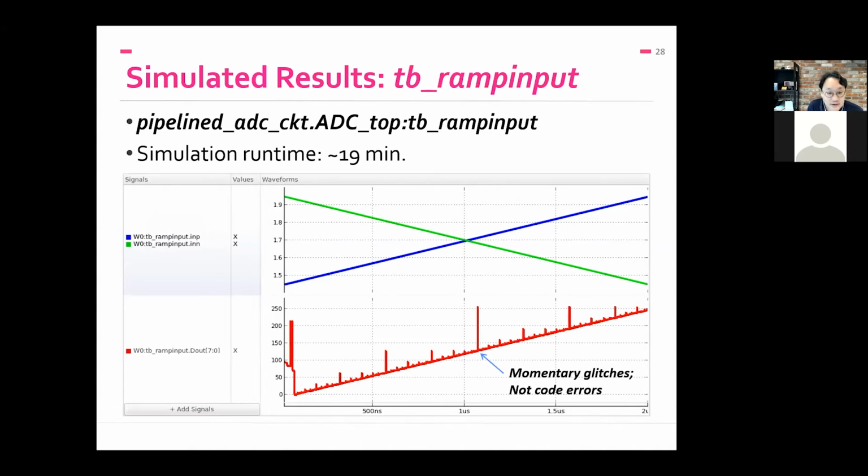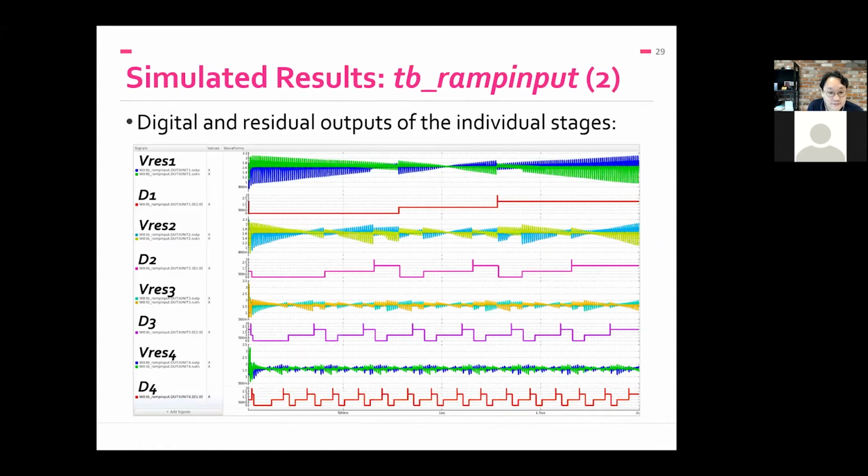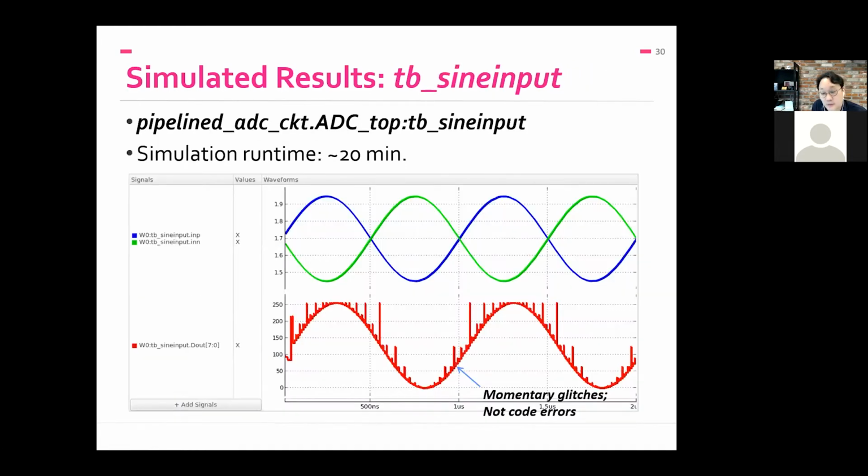And these are the waveforms of the intermediate stages, like the digital output and the analog output of the individual SubADC pipeline stages. I'm not going to go too much into that. And this is the result for the sinusoidal input. Again, it takes about 20 minutes for a 2 microsecond simulation. All these glitches that you see are not code errors.